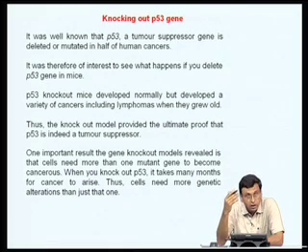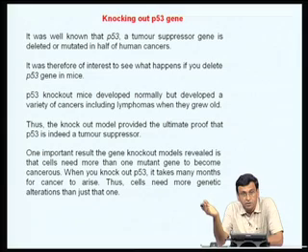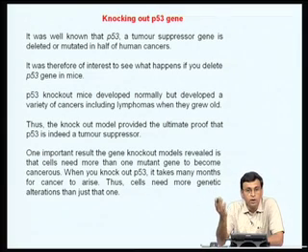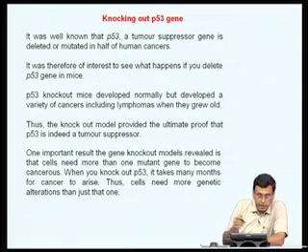So by demonstrating in an animal model that if you knock out P53, it ultimately develops cancer, it provided ultimate proof that P53 is a tumor suppressor gene and is essential for the normal phenotype of an individual. If you mutate or delete P53, it leads to cancer.